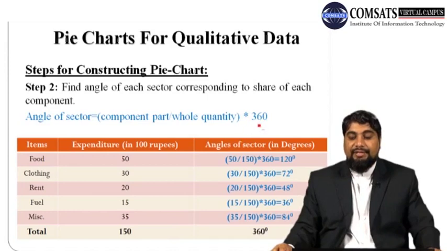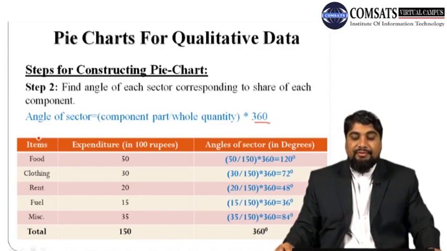So remember that the complete or total angle of a circle is of 360 degree. So that's why we are dividing by the whole quantity and then multiplying the resultant number by the 360.